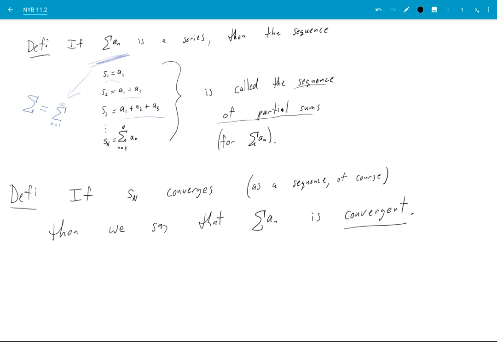Okay, and if it doesn't converge, otherwise, summation an is said to be divergent.